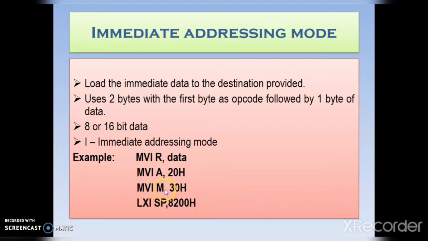Here I am taking the HL register pair, which means this memory location is pointed to by the HL pair, so we have to move this 8-bit data into the memory location pointed to by the HL register pair.